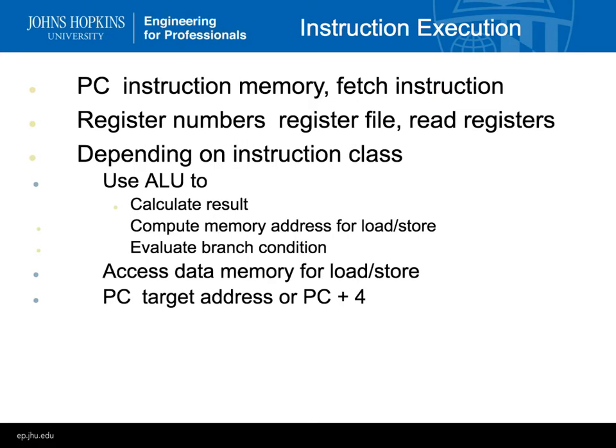Then, if it's an R type, it's going to read the register numbers that the instruction refers to. It's going to go to the register file and read those registers. Then it's going to use the values from the registers and the ALU to do whatever the instruction wants done.